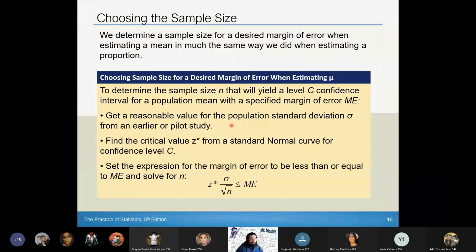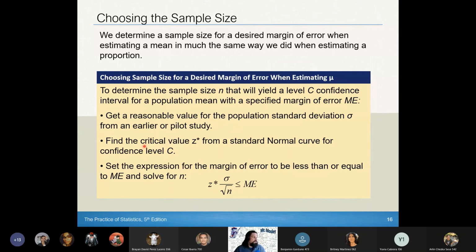That's the only option for guessing sigma. With proportions, we had two options. We could use results from an earlier or pilot study, or we could use 0.5 as the guess. In this case, if we don't have earlier or pilot studies to go off of, we got nothing.